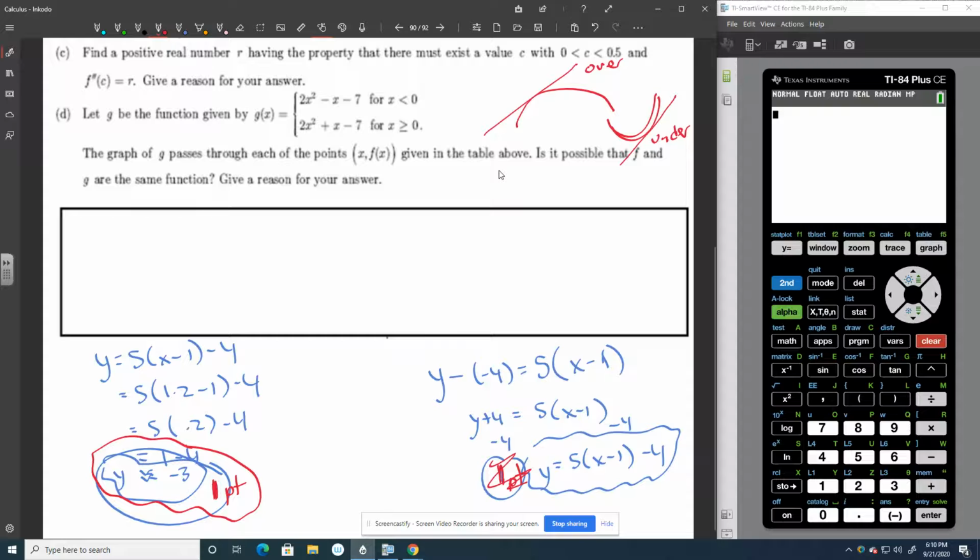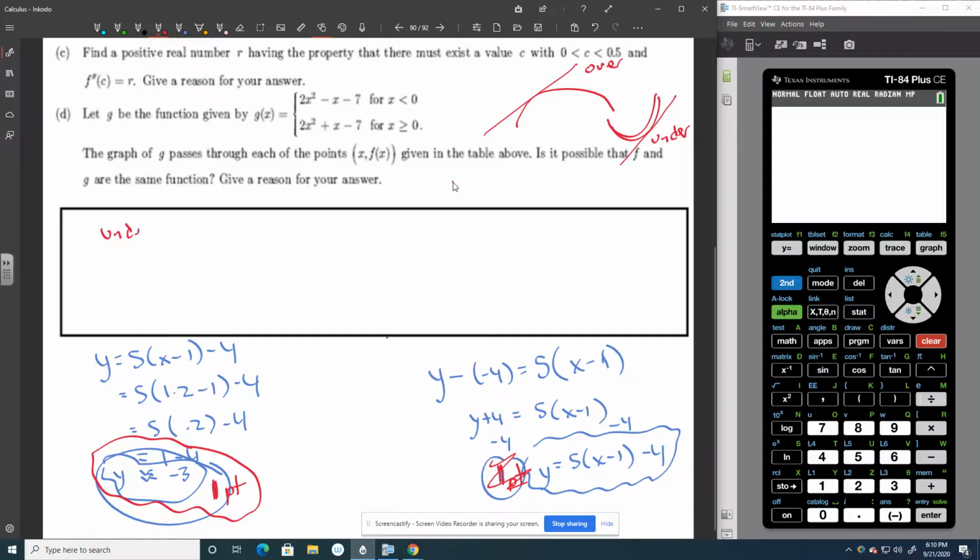So we have an under approximation, right? Our tangent line is under. So the way I would answer this, I guess I'm out of room. I keep trying to scroll and I can't.